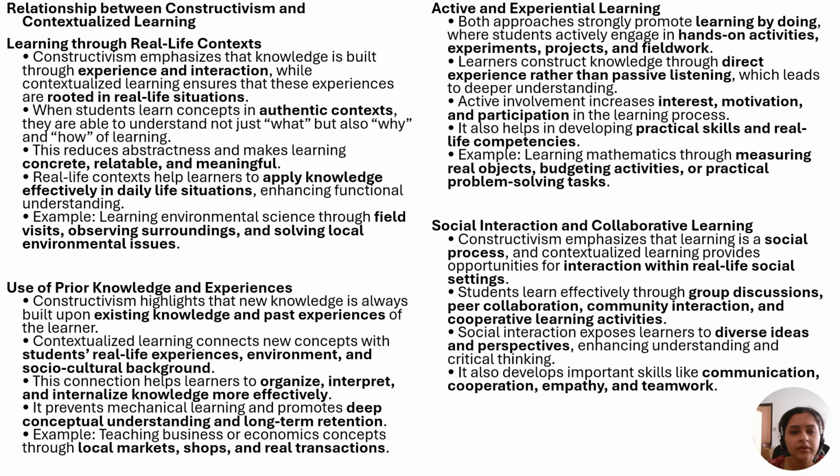So the explanation of the relationship between constructivism and contextualized learning in detail is given here. First relationship is learning through real life context. Then use of prior knowledge and experiences. Then the third one is active and experiential learning, social interaction and collaborative learning.